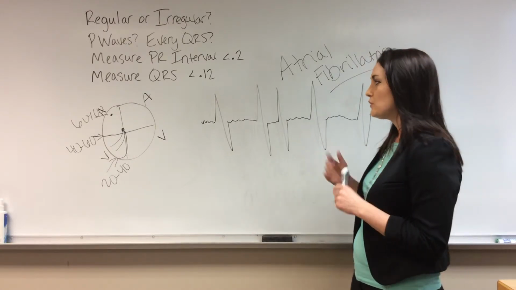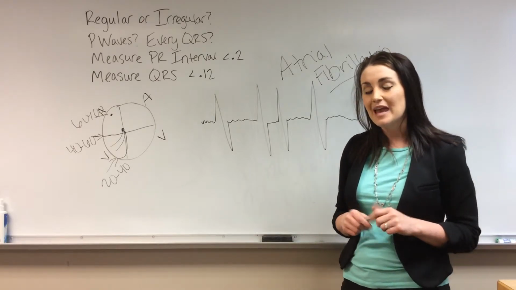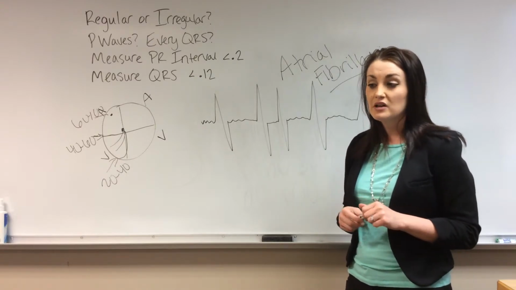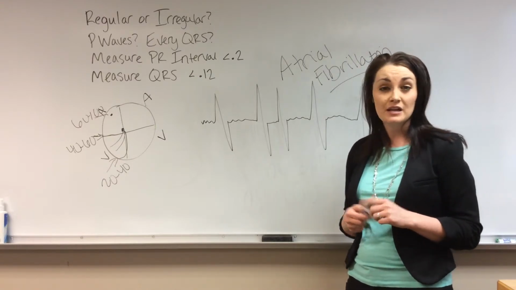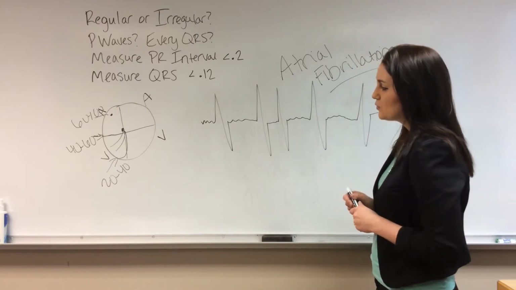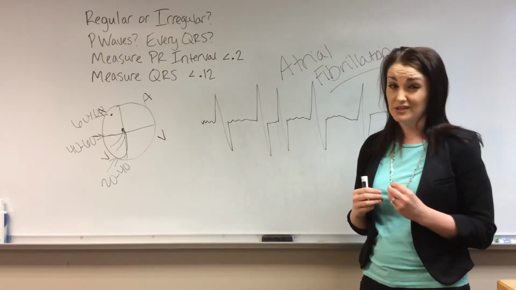So on to the actual rhythm. We can treat it with a variety of things. Amiodarone is probably what we see most in the inpatient setting. Also, a calcium channel blocker like diltiazem could be used. What we want to do is at least get the ventricular rate under control.